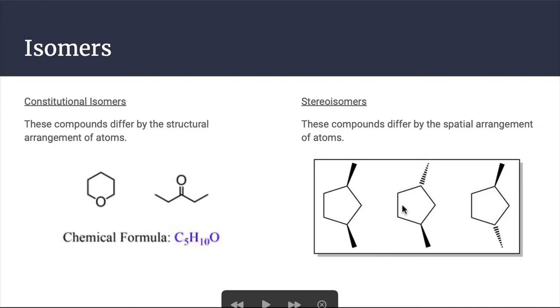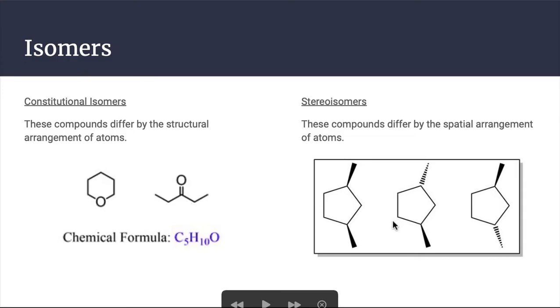But in 3D, which is how they are drawn over here, you use these little representations called solid wedges and dashed wedges that show you if the compound is pointing forward, towards you, or backwards, away from you. When drawn out like that, this compound has 3 stereoisomers, and they're all different.